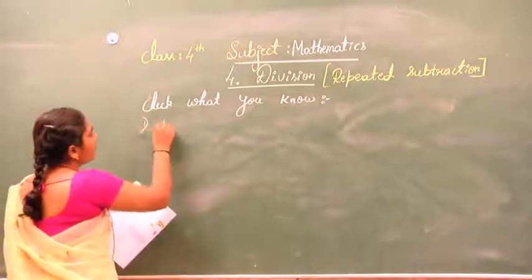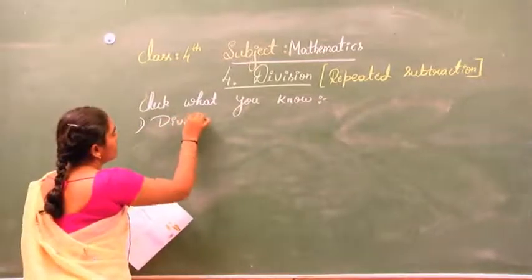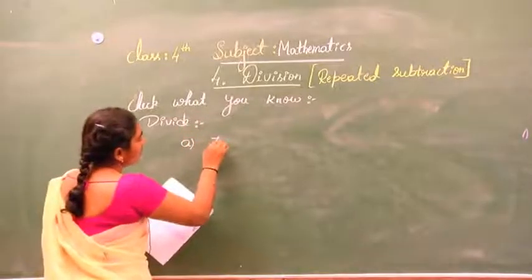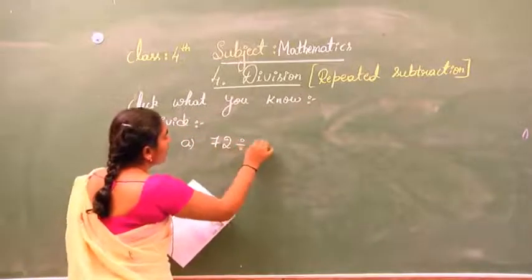First we have divide. First question is 72 divided by 9.